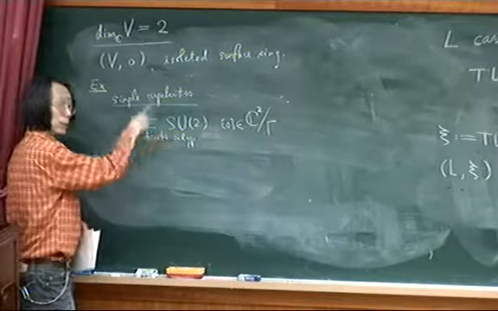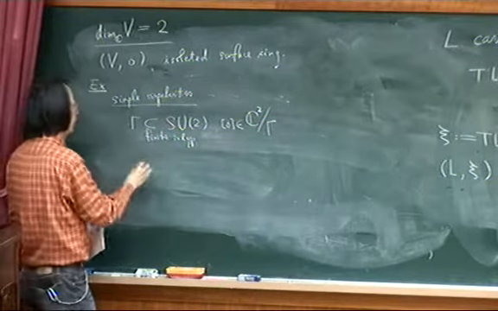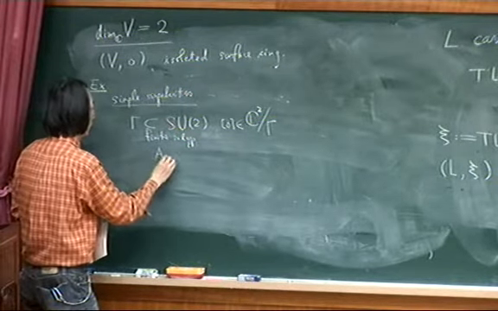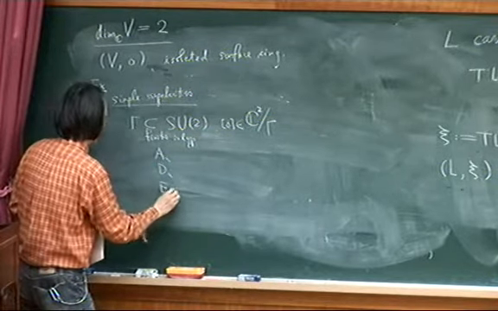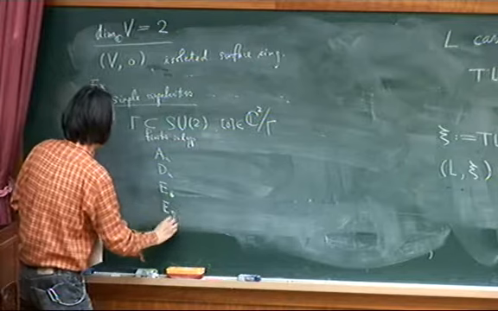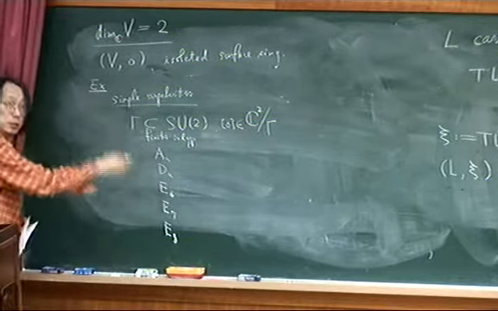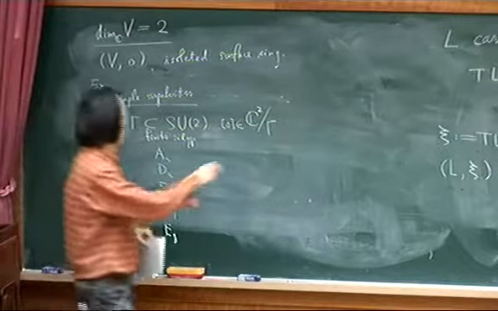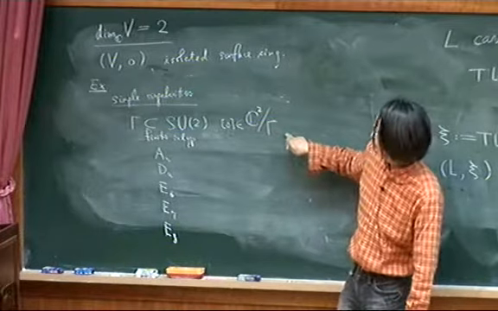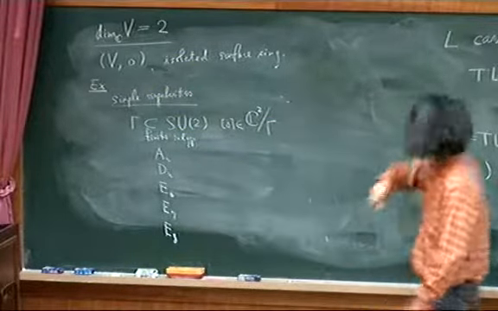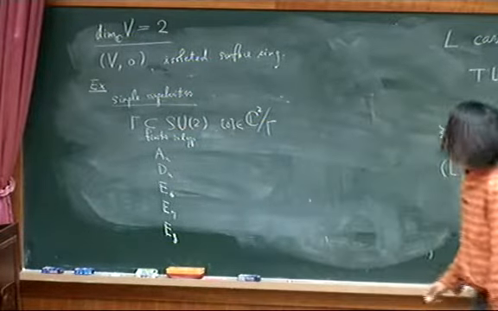And such Gammas are classified by Dynkin diagrams. So there are types A_n, D_n, and E_6, E_7, E_8. So the corresponding singularity we also call A_n type singularity, D_n type singularity, and so on. Okay, so this is one way to understand this.